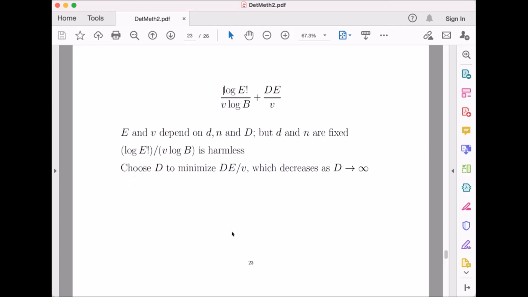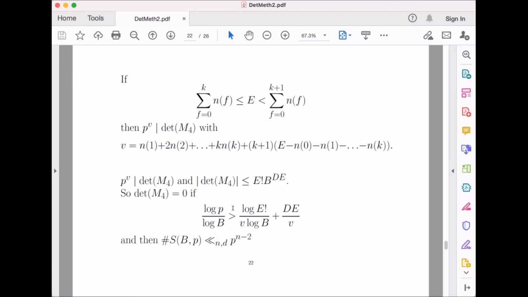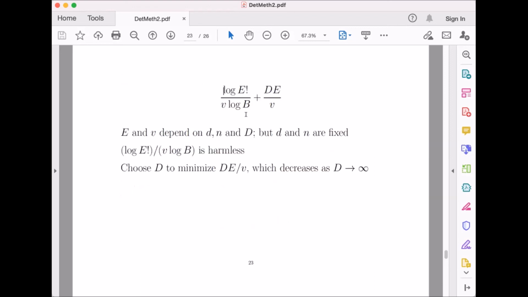So going back to the previous slide, we had a constraint here involving log E factorial. There's an E here, there's the v that we've got this horrible formula for, another v here. D and n are fixed.